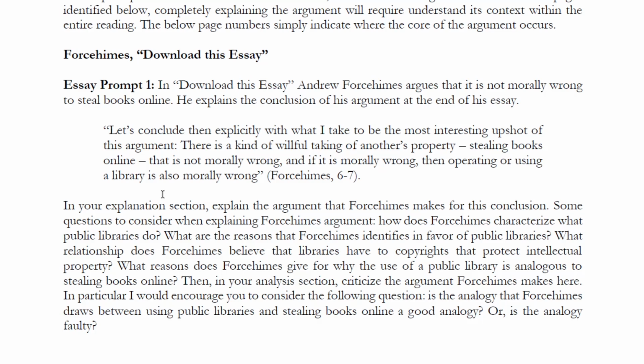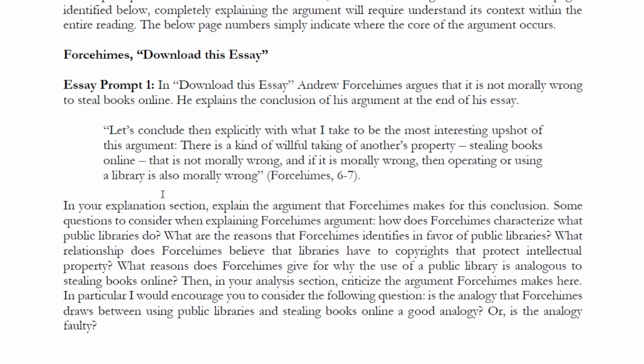Again, I've re-emphasized for you that in your analysis section, you must criticize the argument you're writing about. The idea is to pose some problems for the argument. And then furthermore, I've given you a critical question to think about when criticizing the argument.